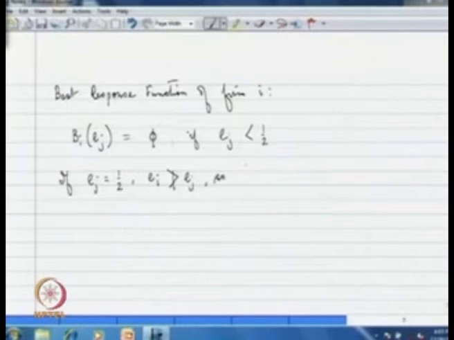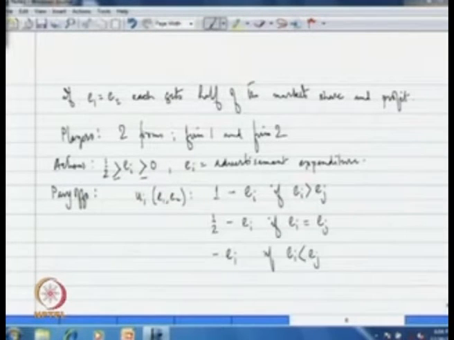In that case, he is getting what? If E I is equal to half, then he is getting half minus half is equal to 0, or he can spend 0, in which case his payoff remains 0. So, these are the two possibilities that he can do.